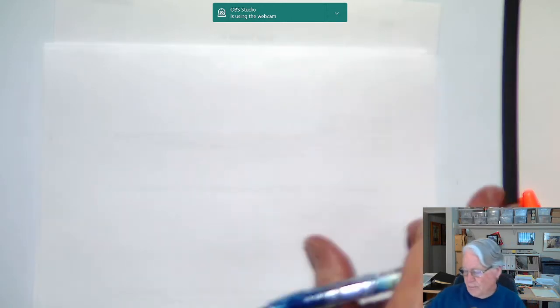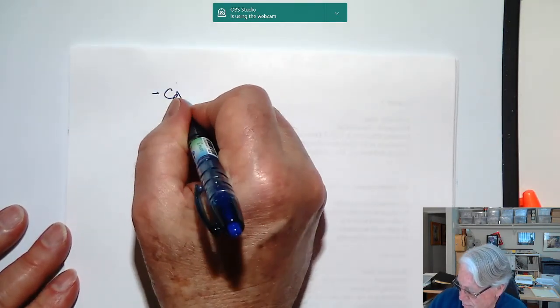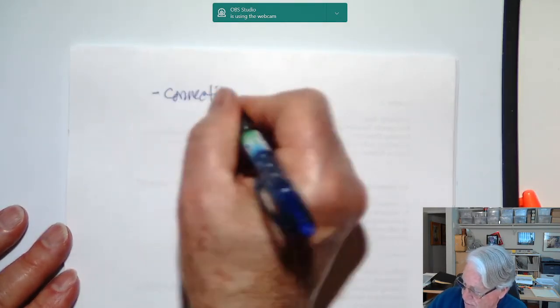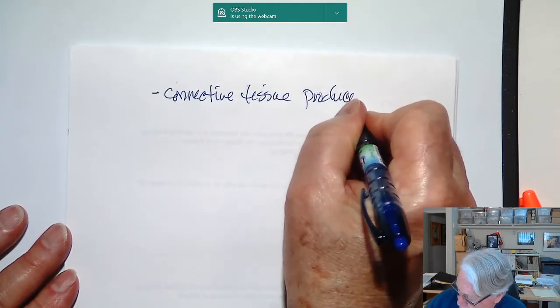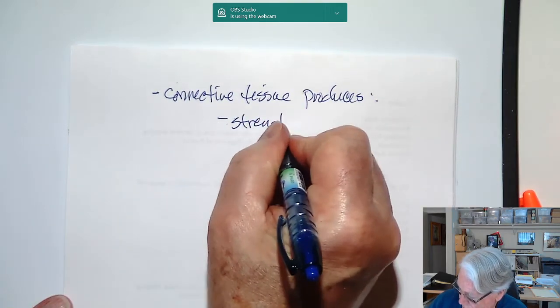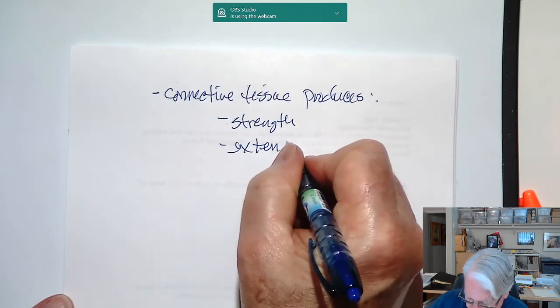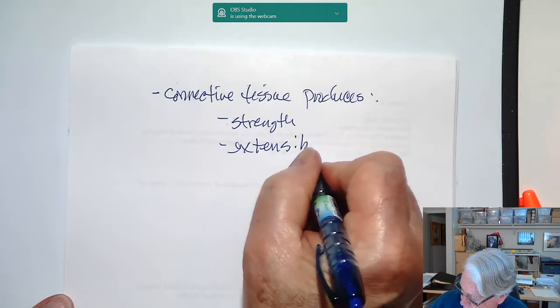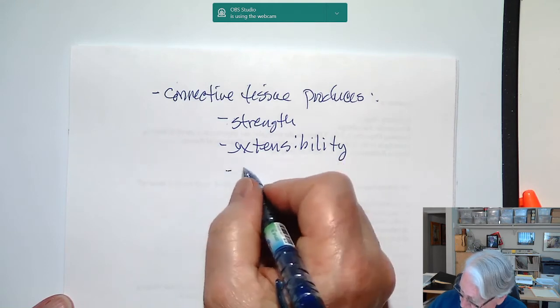So the connective tissue produces strength, extensibility, the ability to stretch, and elasticity.